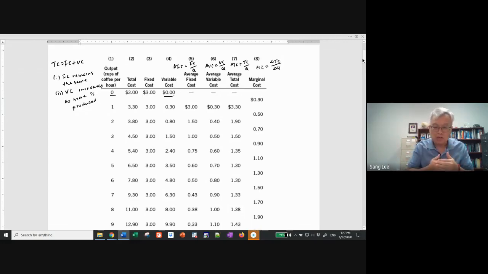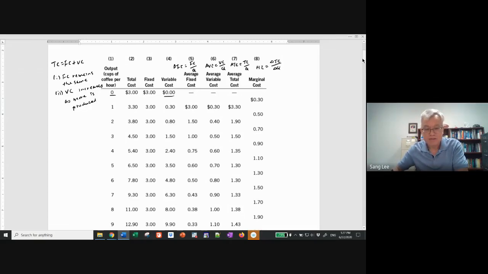But we also know that variable cost increases as you produce more output. So both numerator and denominator become bigger and bigger. Depending on which one grows faster, average variable cost may become smaller or greater.